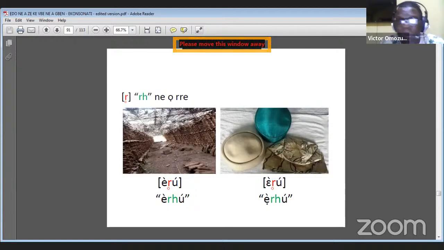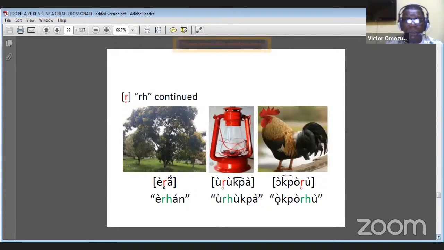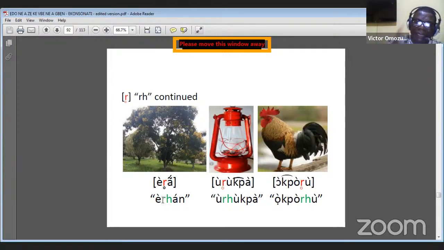Ehru. That you can see yam band there. Eha. You see, we are now in the sounds where you use diagrams to represent a single sound. So eha, the RH represents that single sound.